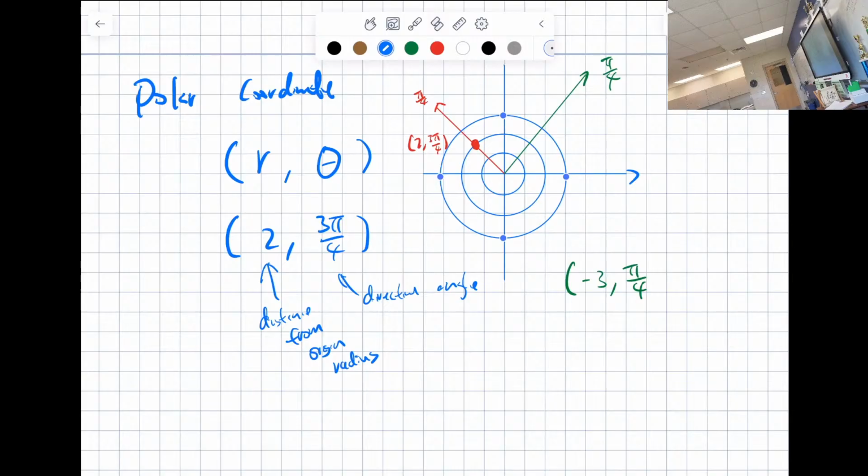Wait, hold on a second. No. It's first. What? Negative 2 pi over 3, wait, I'm visualizing. It goes here, it goes back, and then it goes actually that way. It's actually first quadrant. I thought it was third.